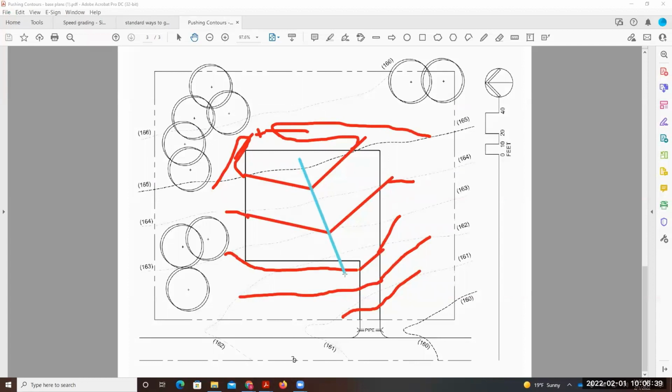Having a V going across it, in this case it's a ridge line, is absolutely fine. You do not have to keep all of these contours in the same pattern. You do need to keep the space the same, but you do not have to keep them all in the same pattern. You will definitely have V's in your design on your project because your site naturally has a ridge line running down the middle of your parking lot.